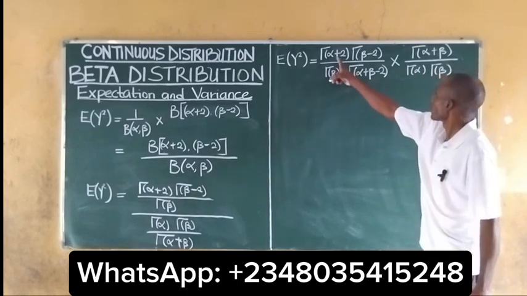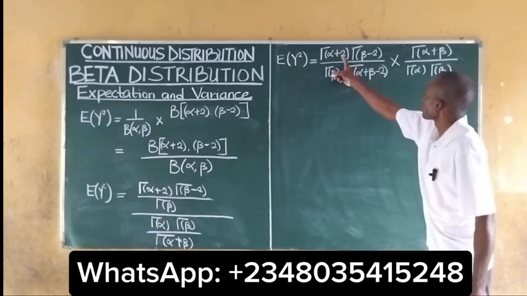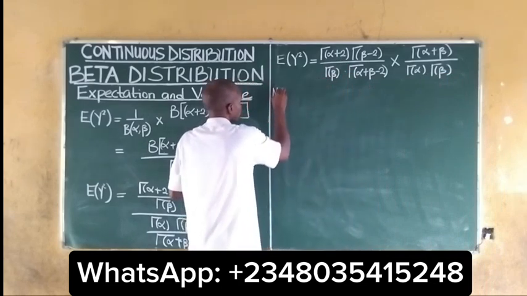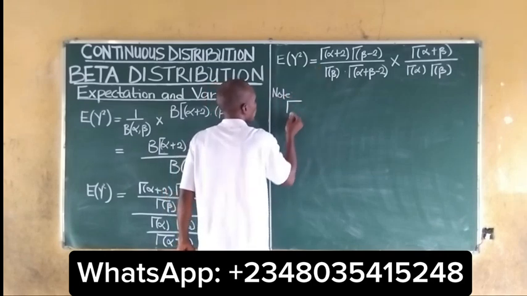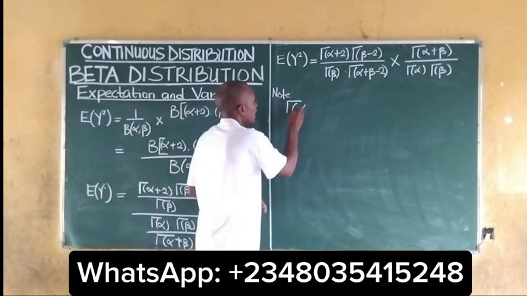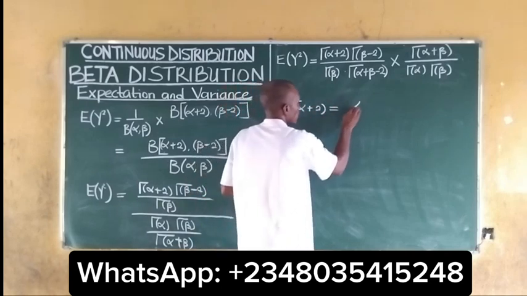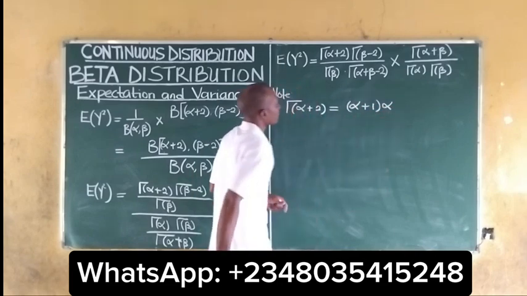Of course, the whole of this means something. And we should note that from our gamma property, gamma of alpha plus 2 is equal to alpha plus 1 times alpha, gamma alpha.